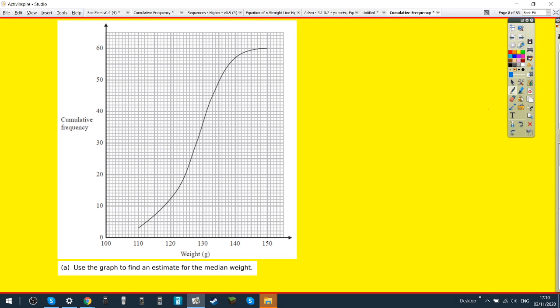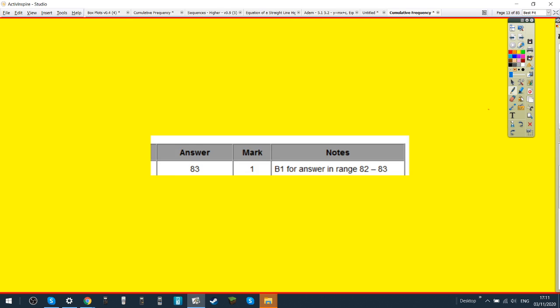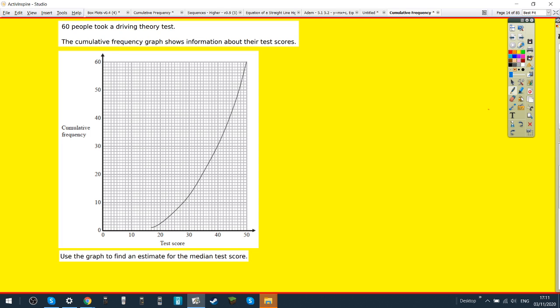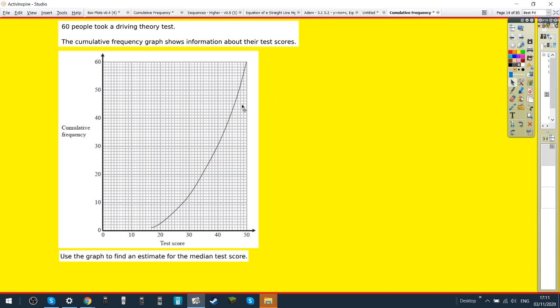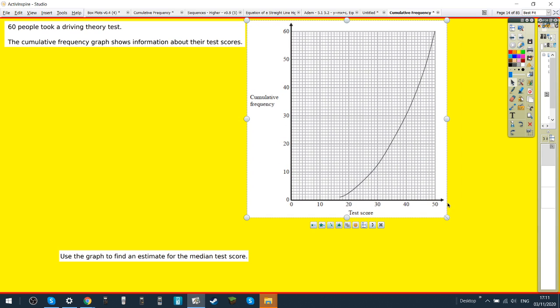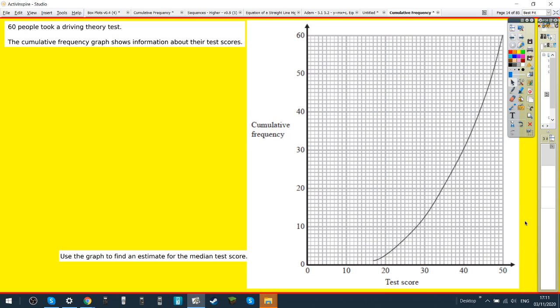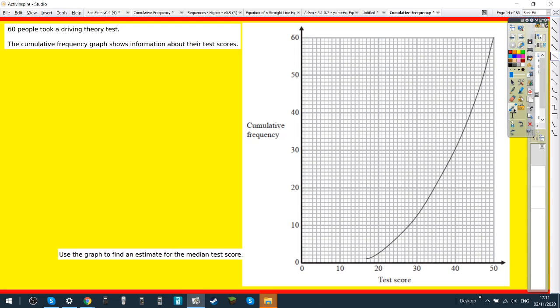Okay, median. How about the median for this one? So the median would be, because that's 60, it would be 30.